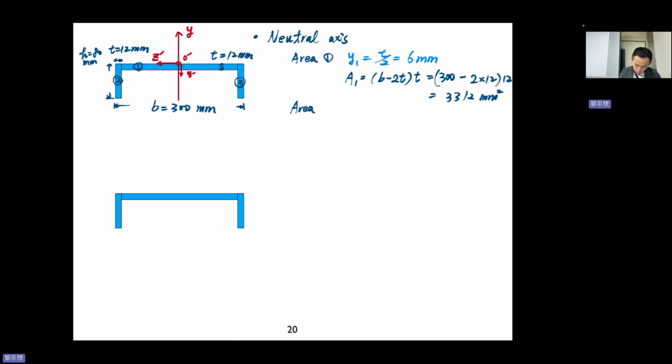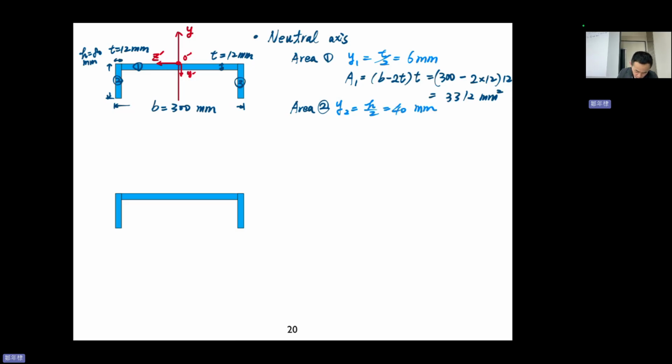Area 2, y2 equal to where? Its centroid will be here, 80 divided by 2, 40, right? From the O plane. So h over 2 equals 40 millimeter.